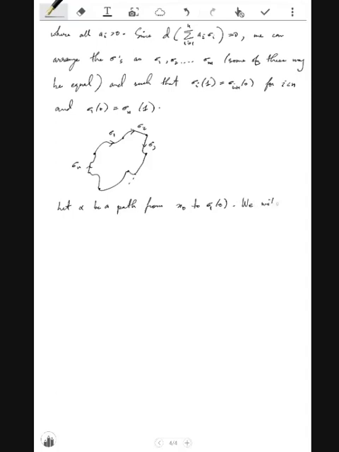We will show that phi of alpha star sigma 1 star sigma 2 star ... star alpha tilde is equal to the class of this sigma m. So let us denote this loop by gamma.